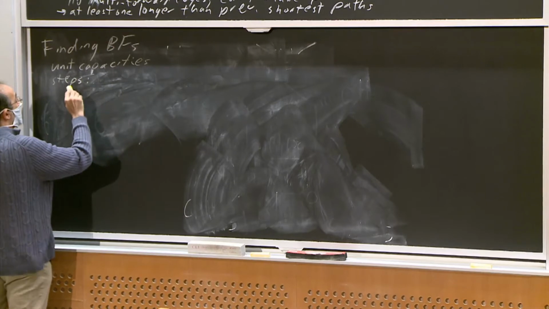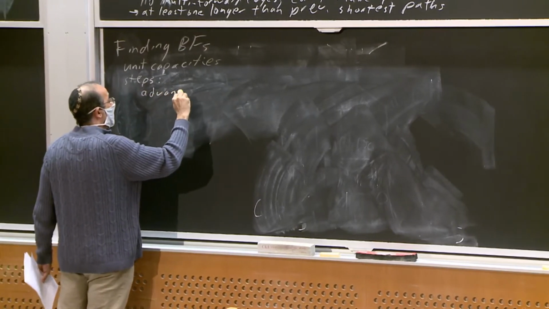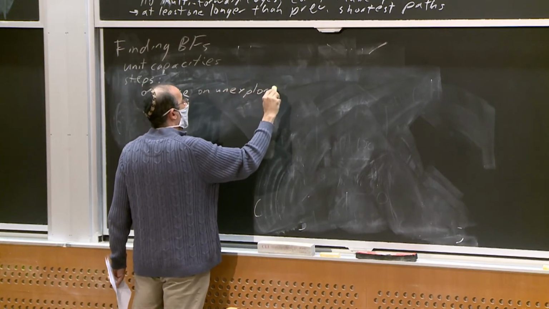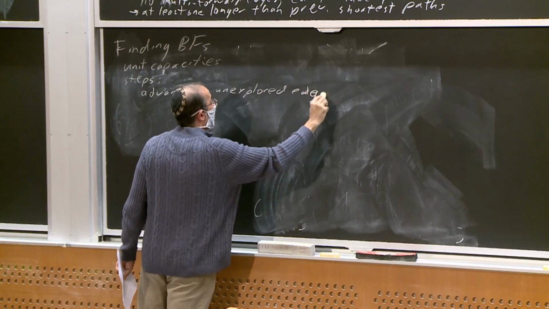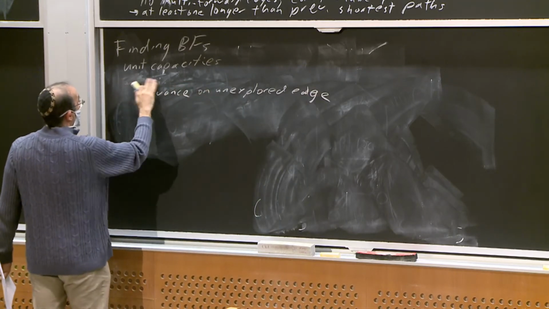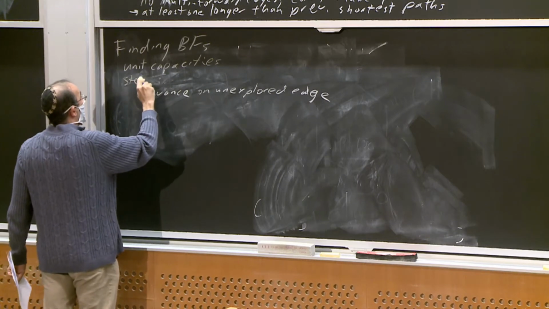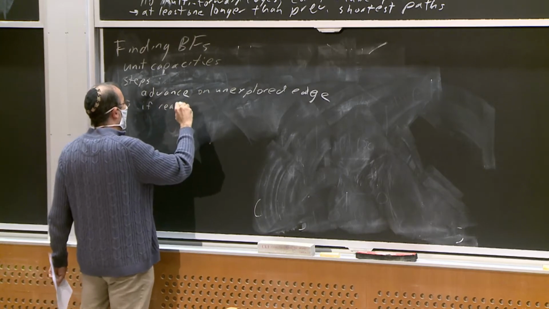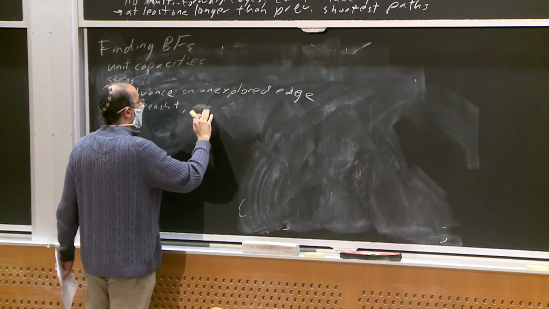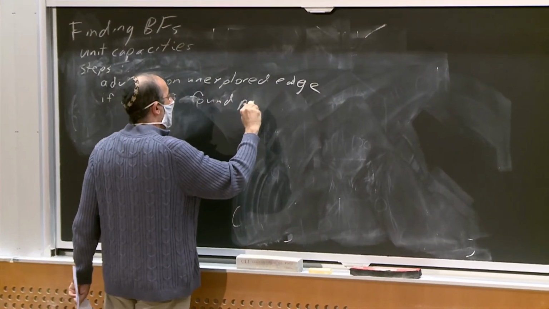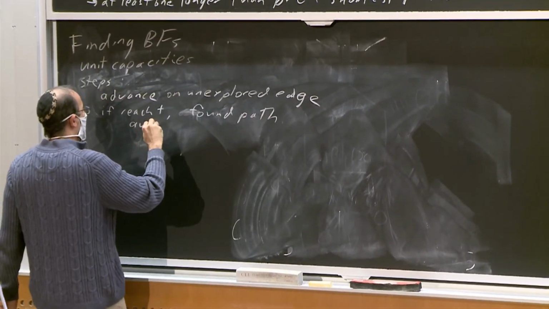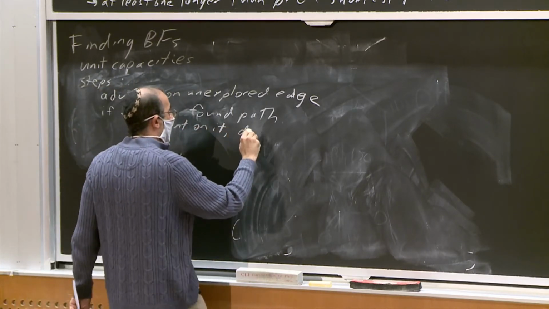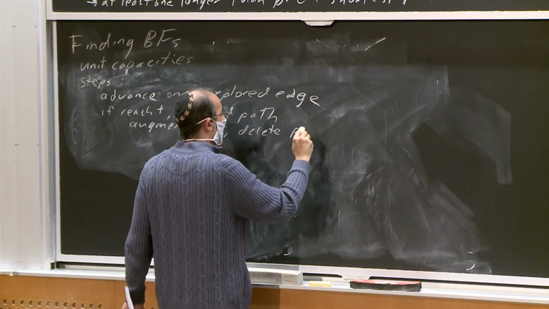Our steps are to advance on an unexplored edge, and if we reach T, then we found a path. And so we can augment on it. And we can delete the path edges.